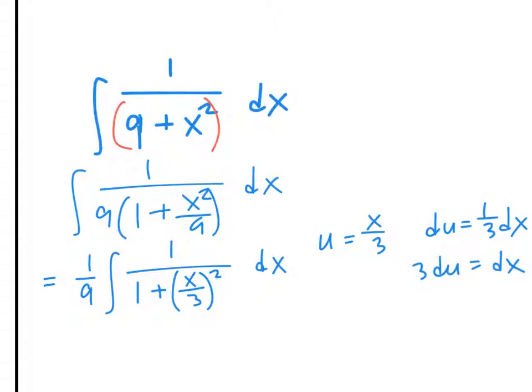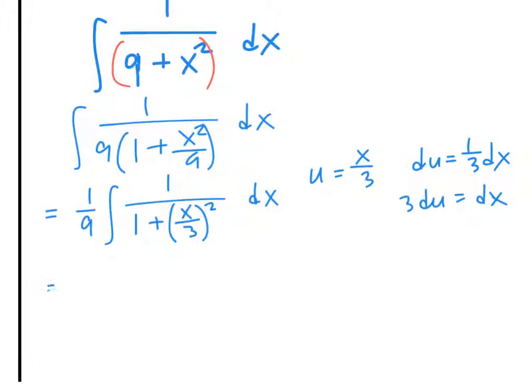Now we're going to substitute back in. x over 3 is u, so this x over 3 becomes u. This dx becomes 3 du. So this is 1/9, 1 over 1 plus u squared, and then that dx becomes 3 du. I'm going to change it a little bit and just put 3 here and then du.